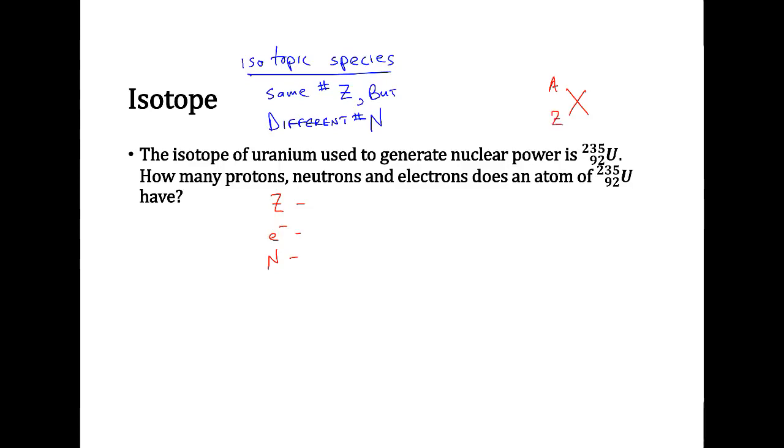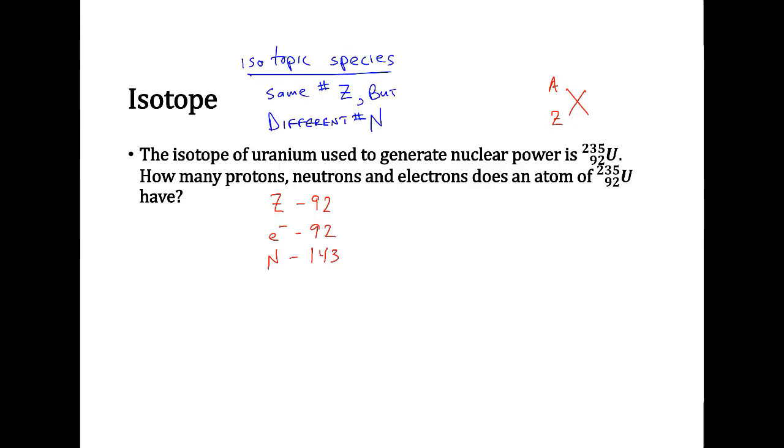So we know we have 92 protons. Since we're neutral, there's no charge indicated, we have 92 electrons. And to find the number of neutrons, we take 235 minus 92, so we have 143 neutrons.